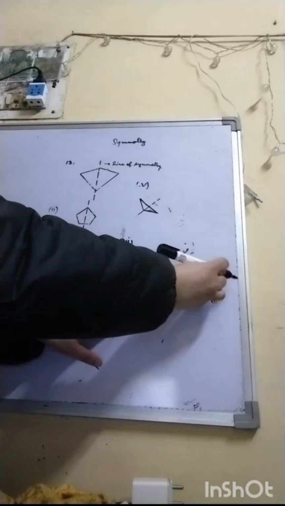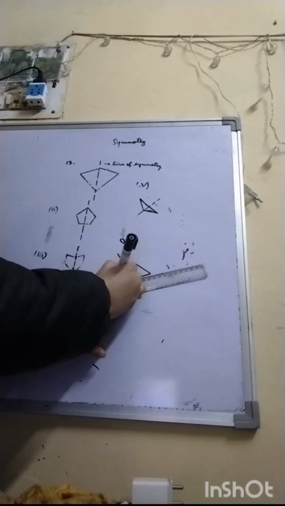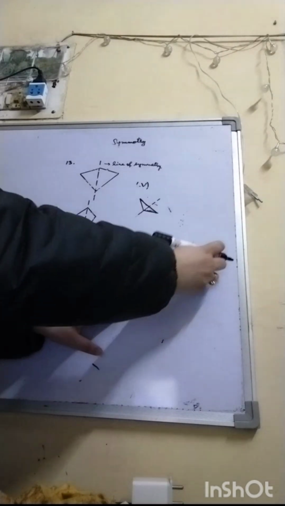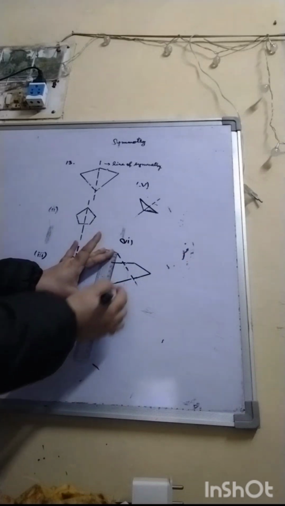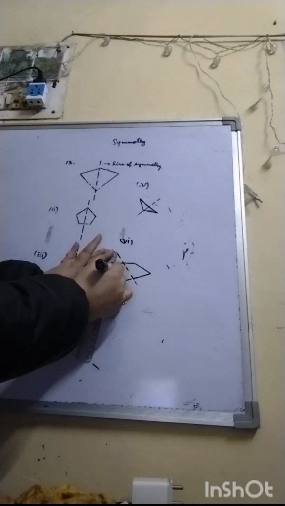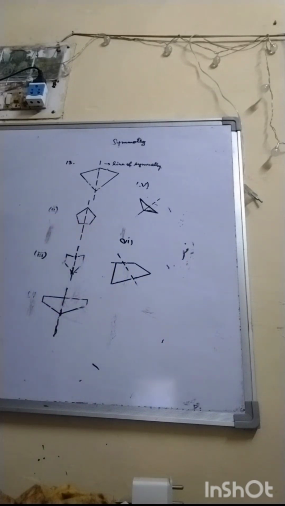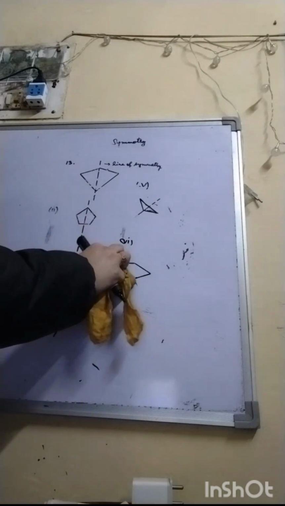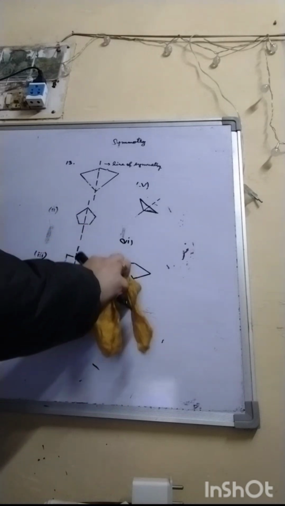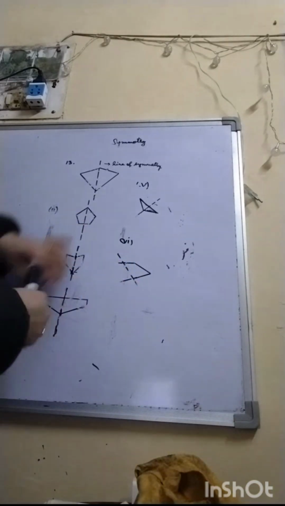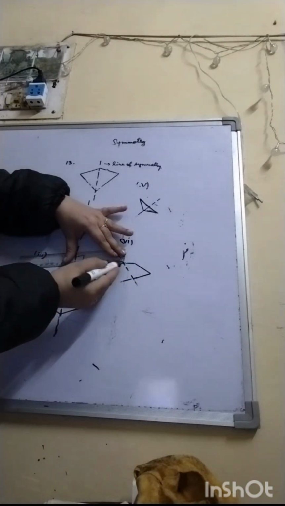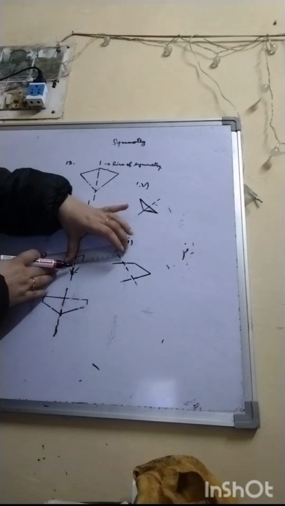And this line would go forward and join it here. So this is a bit different. So first we have to make a line like this.